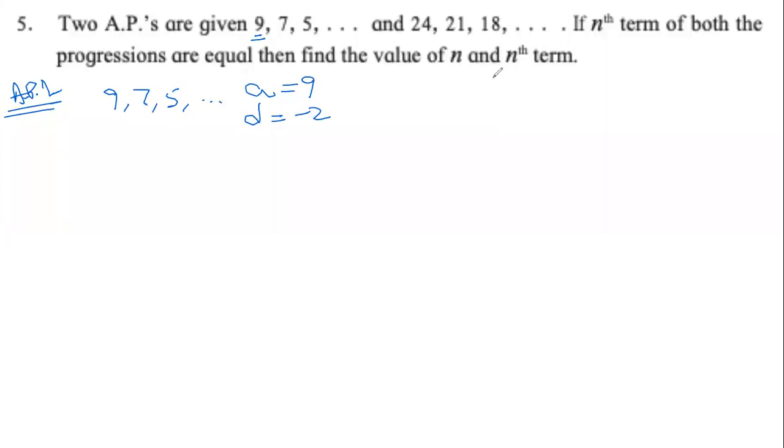Now let us look at what AP2 is. AP2 is 24, 21, 18, dot, dot, dot. Now, my smart students, tell me, what is the A and D of this AP? It's very simple.